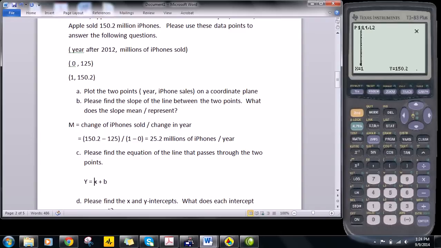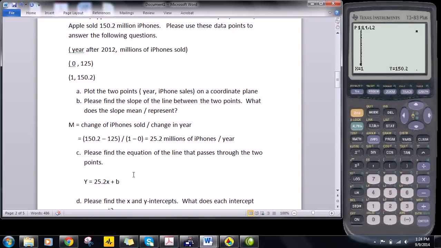So I can plug that in there right now. And now what I want to find is the y-intercept. Something I should mention is that y in this case is the millions of iPhones sold, and x in this case is the year. Independent year, dependent iPhones in millions sold, right?